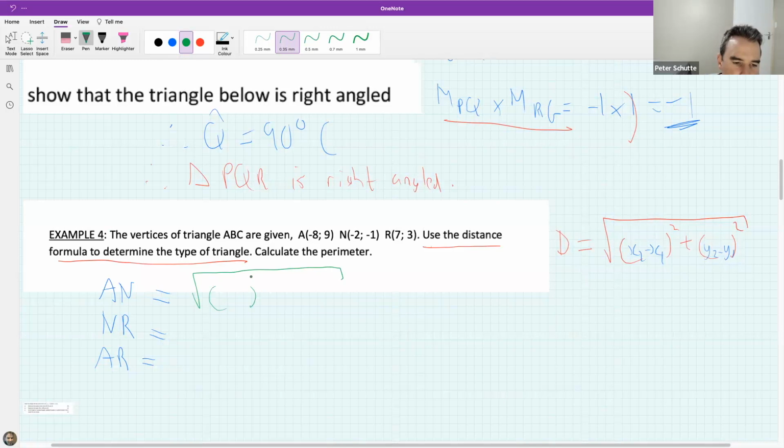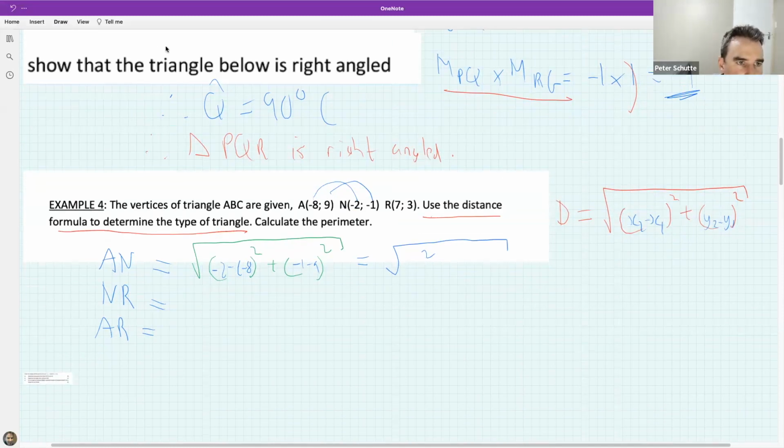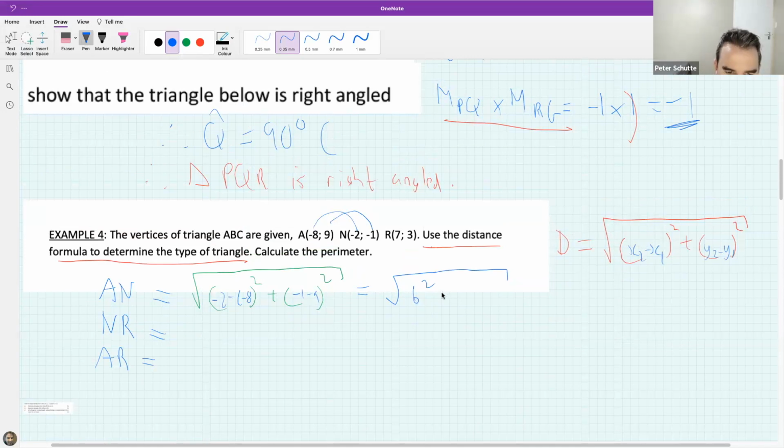So let me choose AN. I get the square root of 136, and I would leave it in surd form.